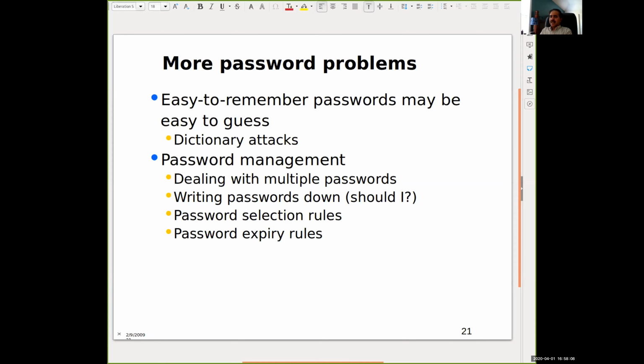Because ultimately, the problem with lots of passwords seems to be that any password that is easy to remember may also be easy to guess, because the very features that make a password easy to remember may be incorporated into a password enumeration algorithm and be used to guess passwords quickly.